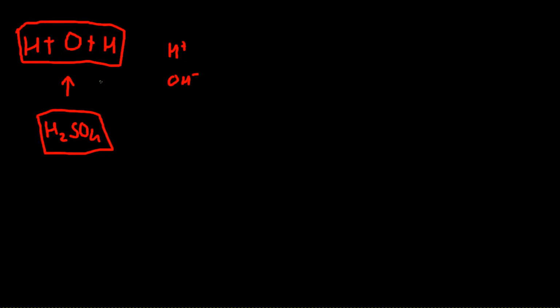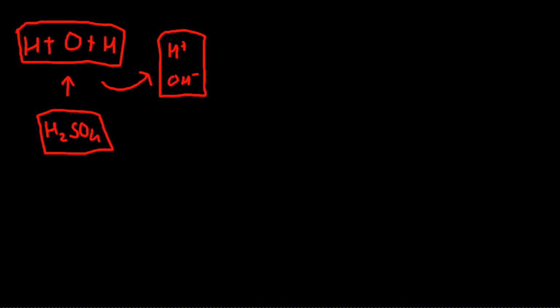Which ones? These ones. You don't need to go into how it does that. You can look at your books more. I'm not going to go into that. But you should just know that this is called acidulated water. Pretty obvious why, because this is an acid, this is water, so acidulated water.